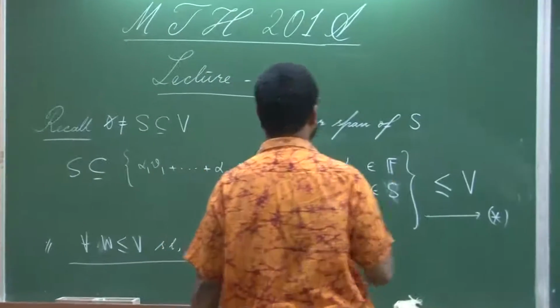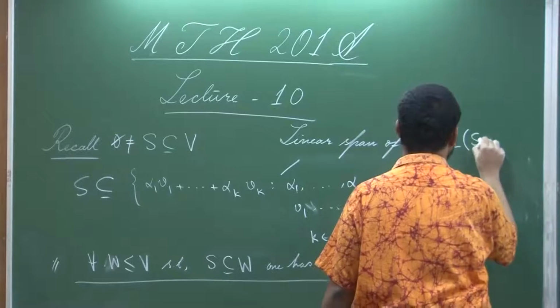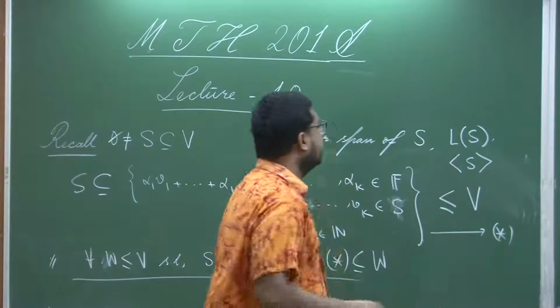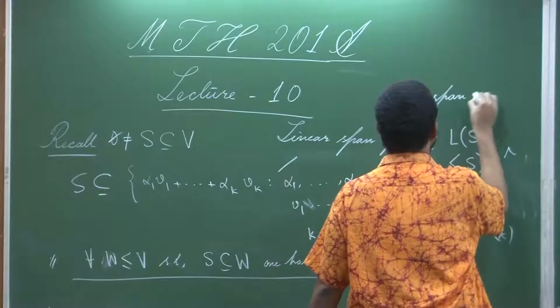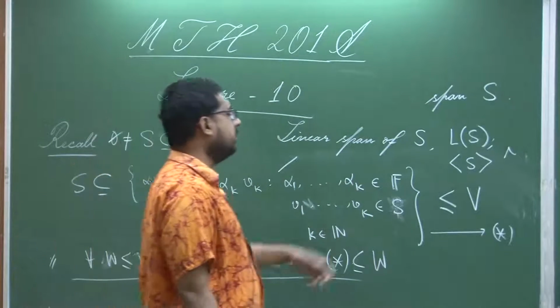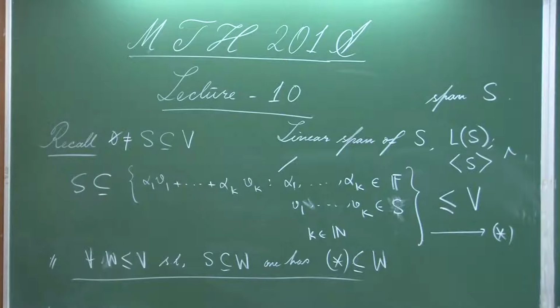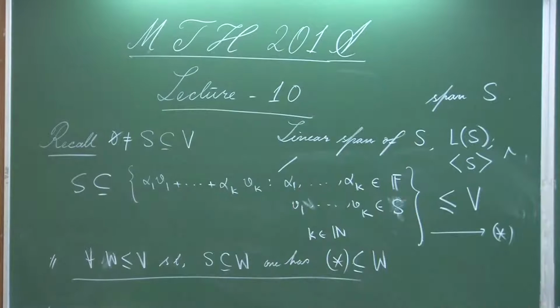Linear span of S. There are several notations for that in the literature. One notation is LS, some authors write it by S like this, some papers in fact directly write span of S. We will mostly stick to this LS. Thus we have defined the linear span of a subset S of V. So, what is linear span?